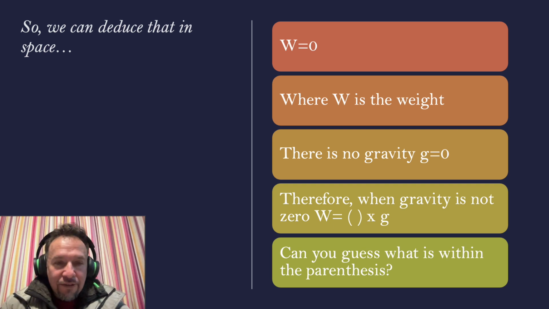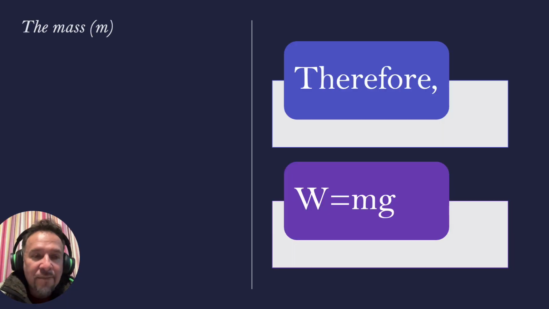Therefore, when gravity is not 0, the weight is something times gravity. Can you guess what is within the parentheses? What is that something? So that something is the mass, that we use m to refer to. Therefore, the weight can be defined as the mass times the gravity.